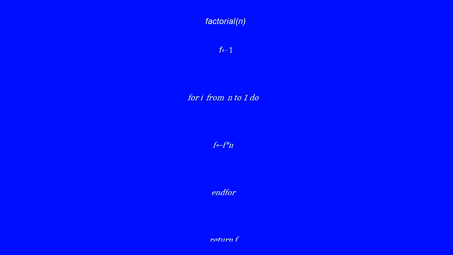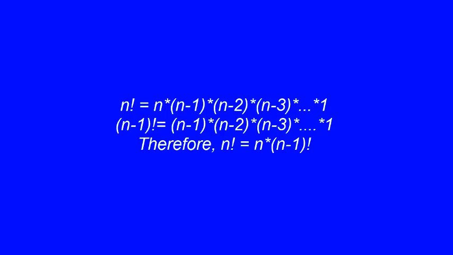You now see why factorial is often used for recursion, because it is defined in terms of itself. That is, n factorial is n times n minus 1 factorial. N minus 1 factorial equals n minus 1 times n minus 2 and so on up to 1.